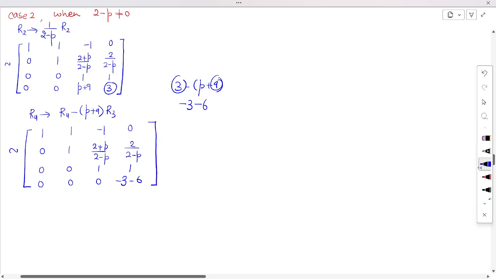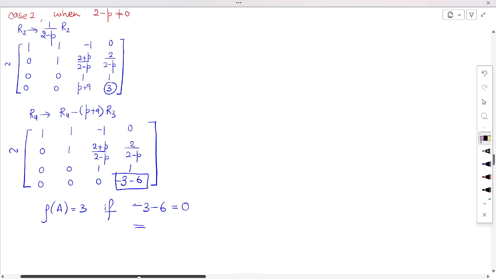Now what do we want? We want the value of p for which the rank of this matrix is 3. Rank of A will be 3 if it has 3 non-zero rows. That is, this last row must be 0.